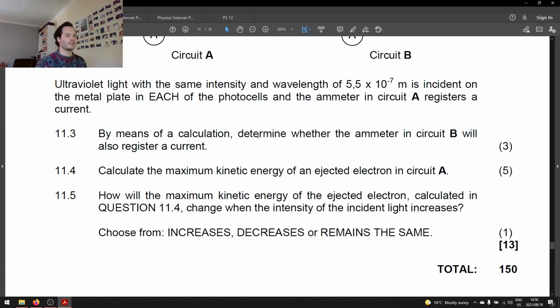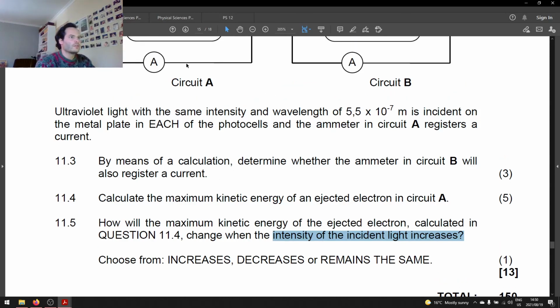We can see then in 11.5, how will the maximum kinetic energy of the ejected electron calculated in question 11.4 change when the intensity of the incident light increases? Choose from increases, decreases, or remains the same. Well, intensity of the incident light increases. Is that going to change the energy of my photon? No, it is not.